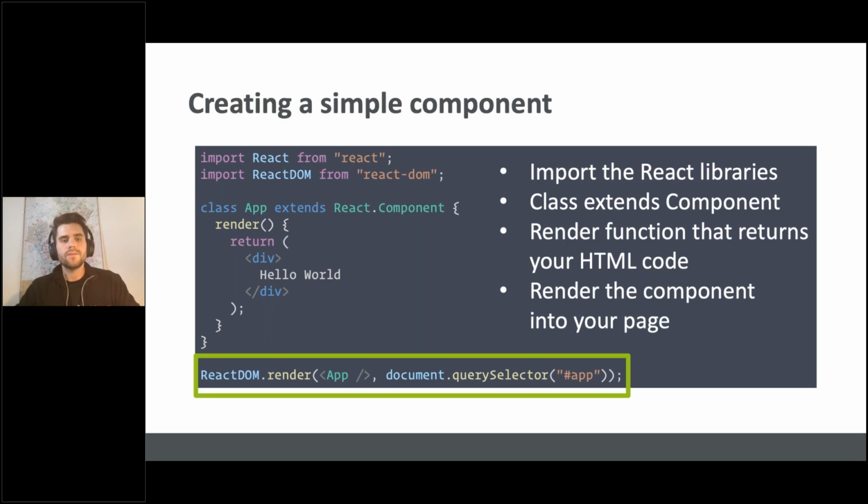And then the last part is we actually render that component into the page. So what we are doing here is we're rendering the App component into the app ID in the page, or the selector of your choice. This could have been simpler right here.